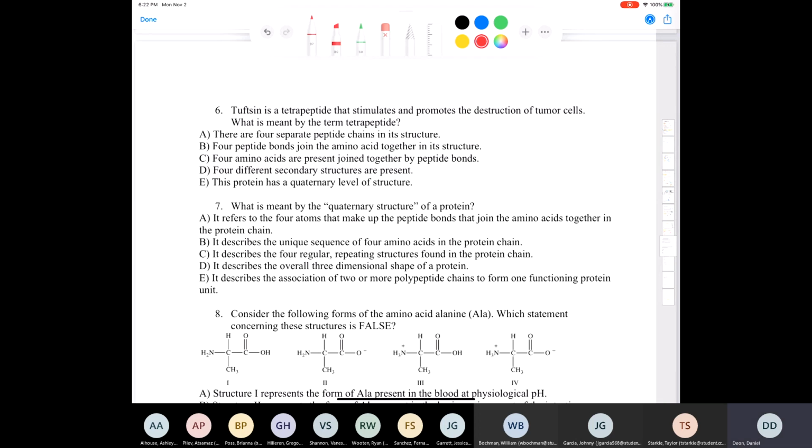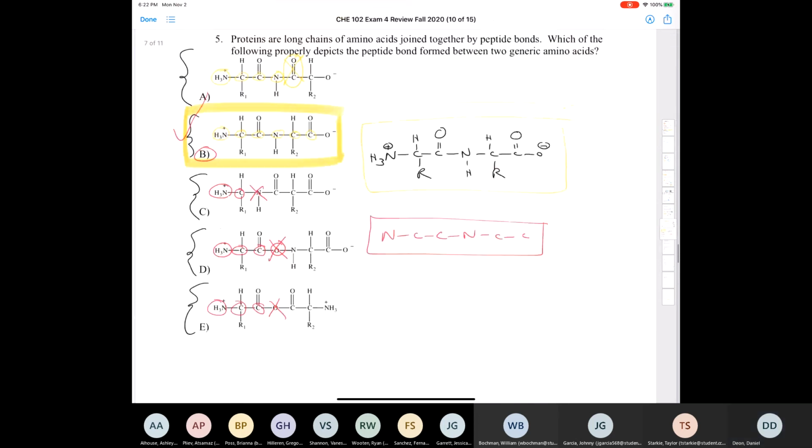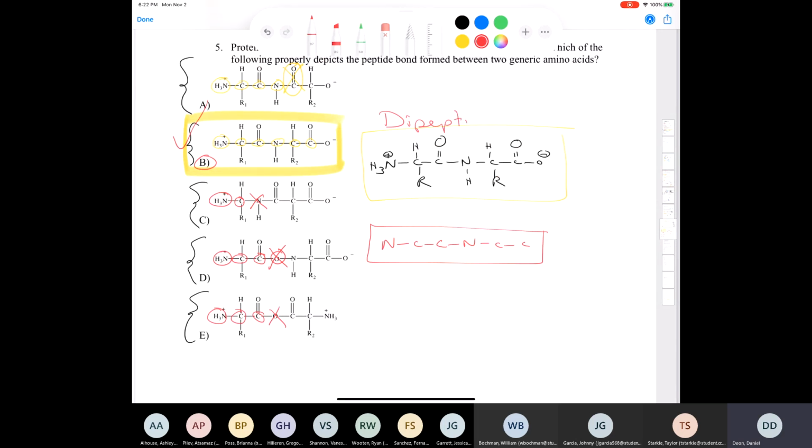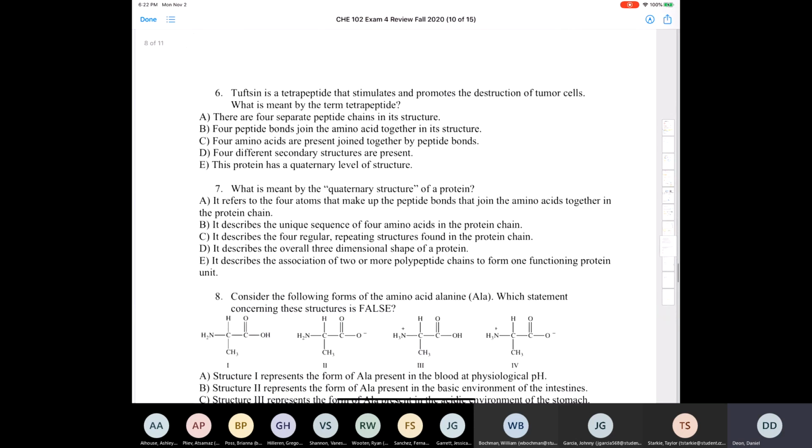If we go back to our last problem and we look at what I drew here, when we have two amino acids linked together, this is a dipeptide, right? Because I have two amino acids linked together. And so what Brianna's saying is C, that a tetrapeptide is when you have four amino acids joined together by peptide bonds. And that's what a tetrapeptide is.